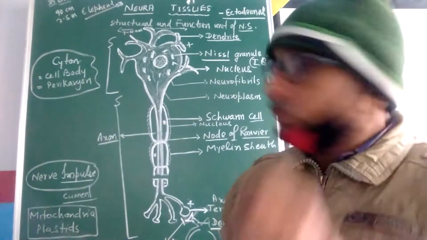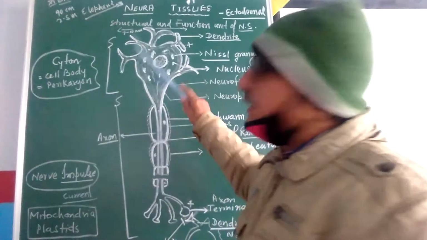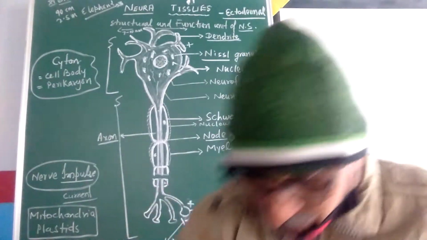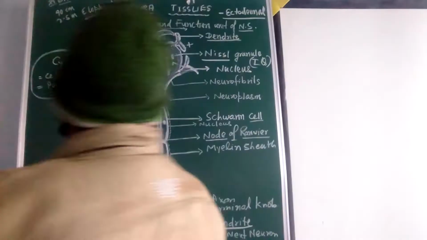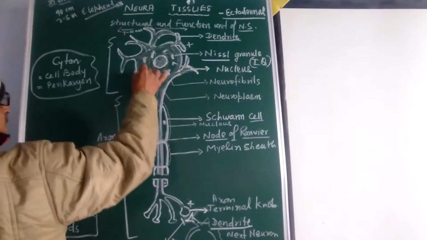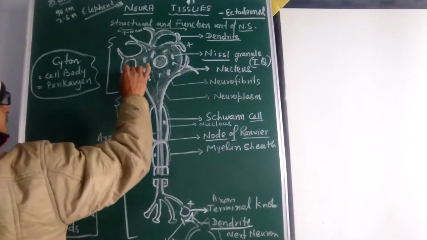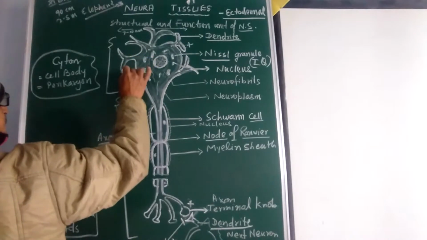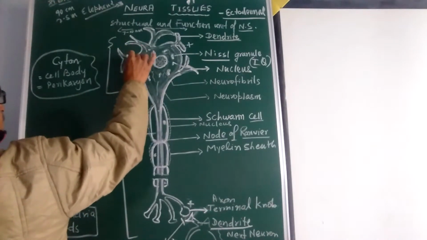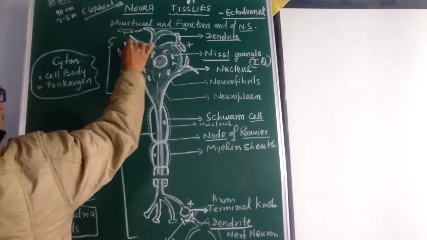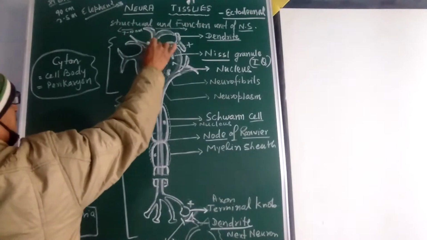So neural tissue has mainly two parts. When you draw the diagram, you can very easily draw it along with me. It makes a roughly spherical body having different processes like this.